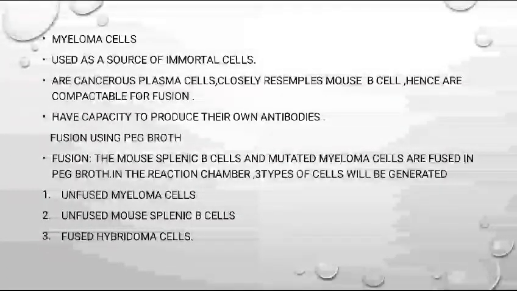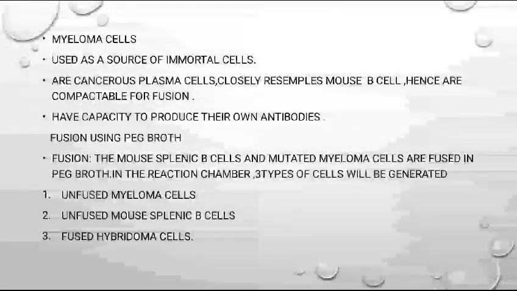Myeloma cells are used as a source of immortal cells. Myeloma cells are cancerous plasma cells that closely resemble mouse B cells, hence are compatible for fusion, and have the capacity to produce their own antibodies.